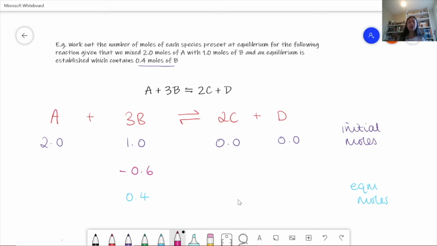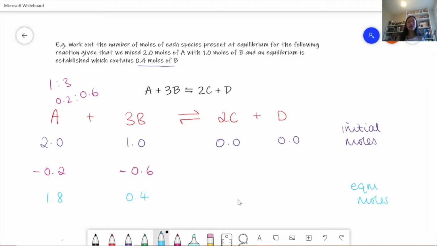Well, we use the ratio between A and B. So the ratio is 1 to 3. So that means if we've lost 0.6 moles of B, then we've lost 0.2 moles of A. So this would be minus 0.2, and so the equilibrium moles of A would be 1.8.